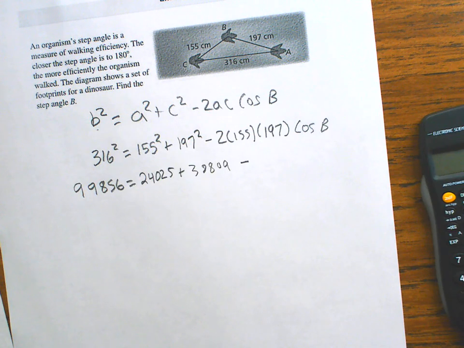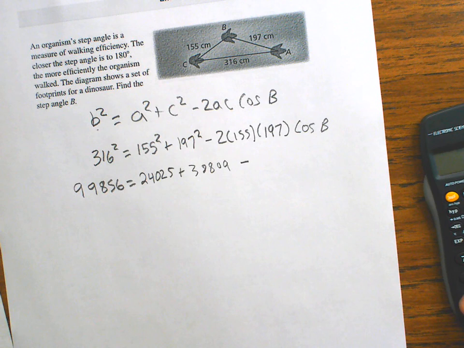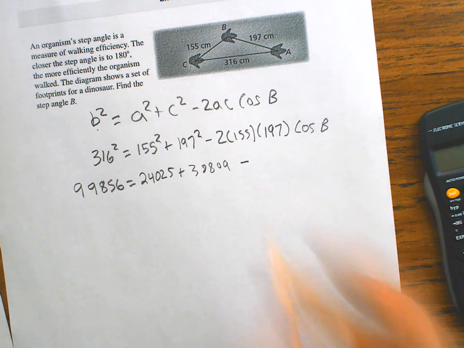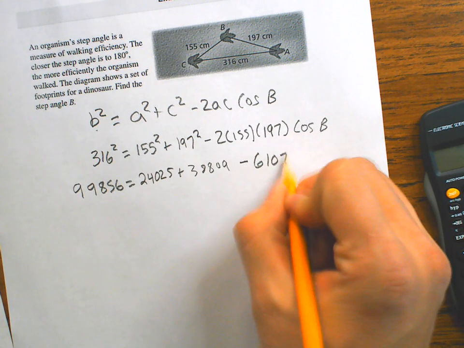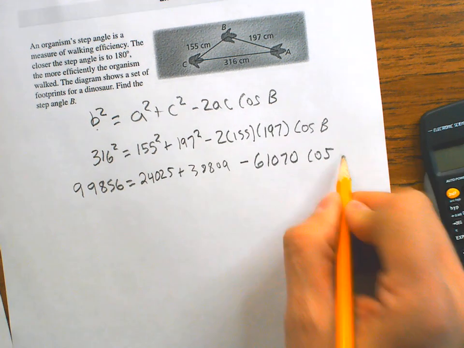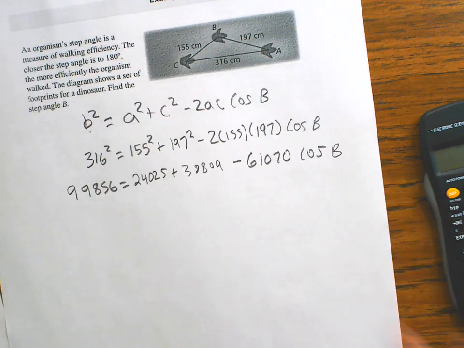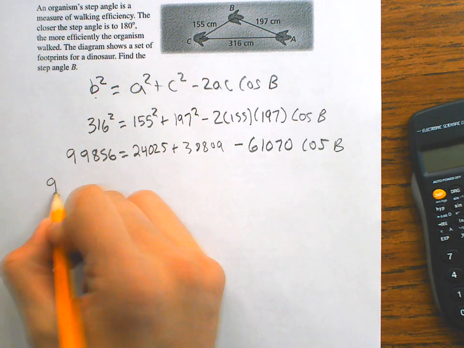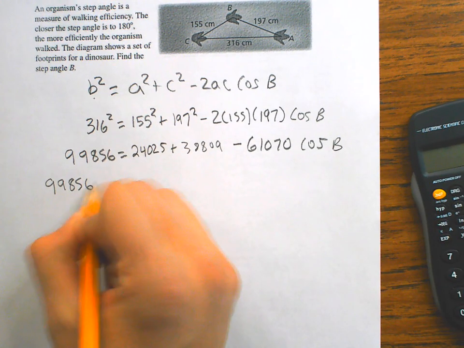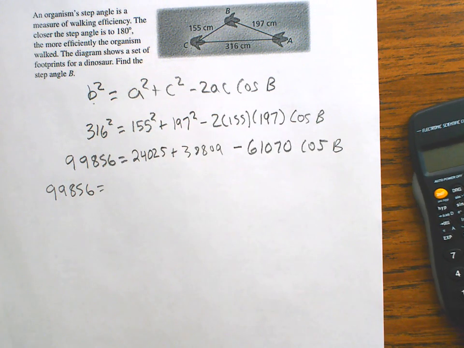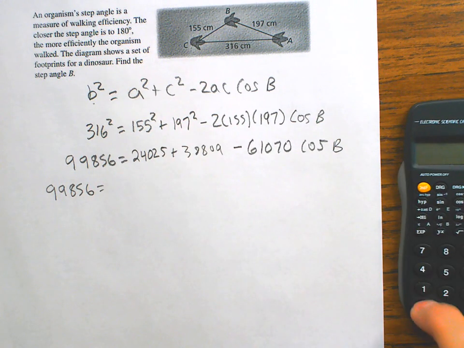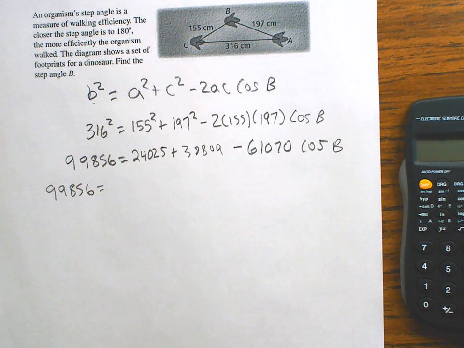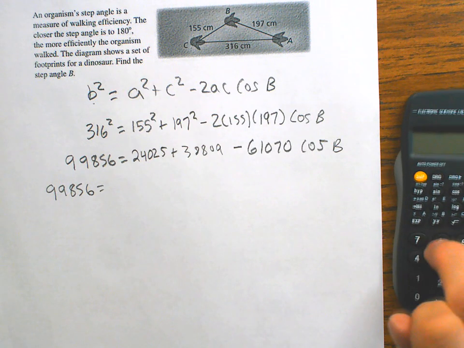Okay, multiply 2 times 155 times 197. That is 61070 cosine of B. Very messy, but nothing we can't handle. I'm going to combine these two. 24025 plus 38809.